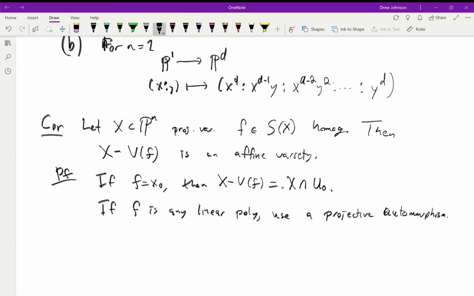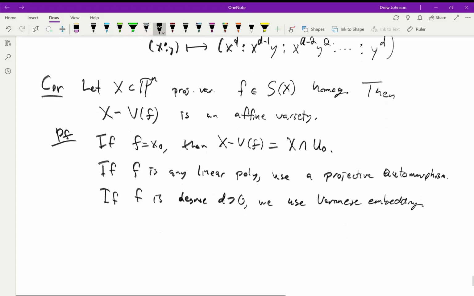Okay, and if f is higher degree, then we use the Veronese embedding and get the result. So this is exactly what I was saying earlier, that the Veronese turns degree d polynomials into linear polynomials.